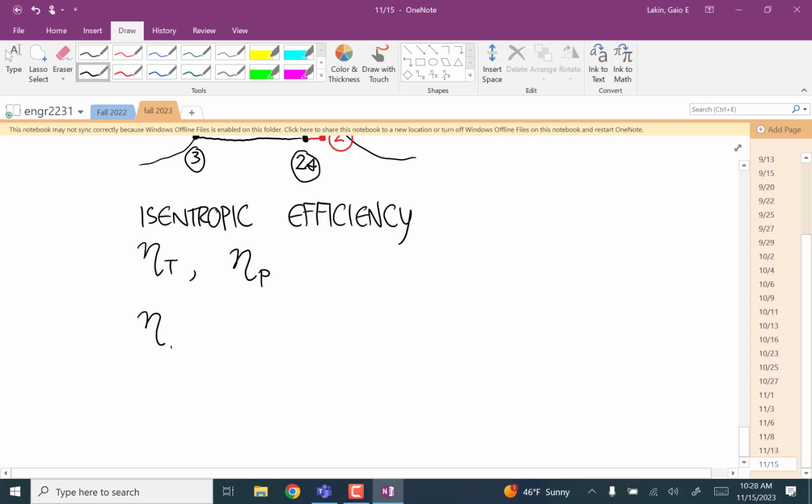Eta sub t is going to be the rate of work done at the turbine divided by the rate of work done at the turbine, assuming an isentropic process.